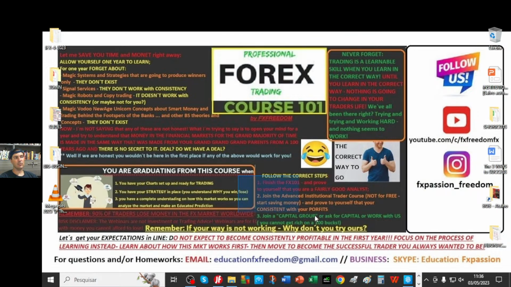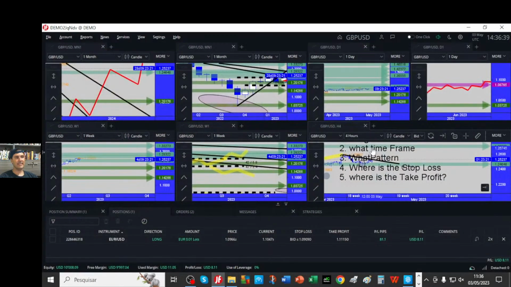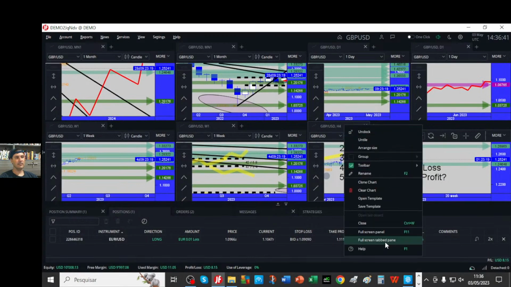And the advanced course, it's not for free. Oh, but it's the institutional one, you are teaching us how institutions are making money. Sure. But if you don't implement the knowledge in the live market, it's not going to help you. Does this make sense to everybody?